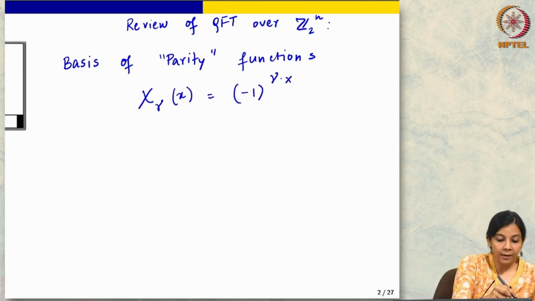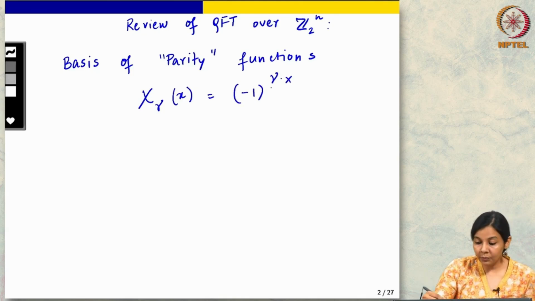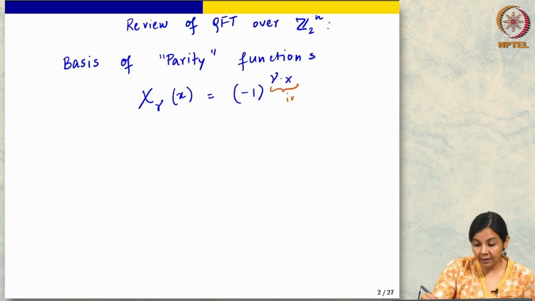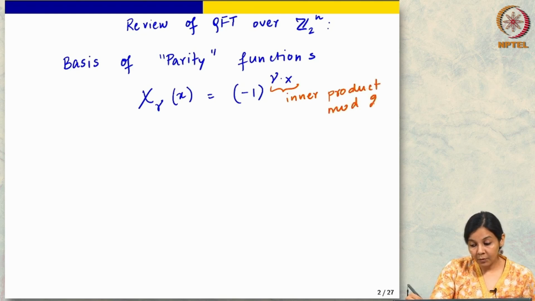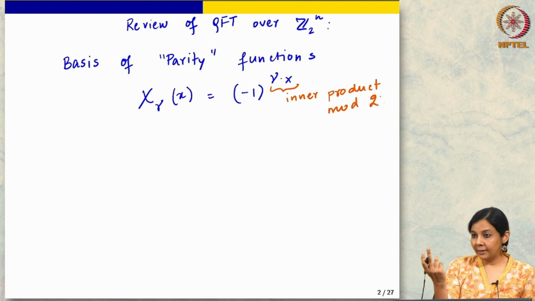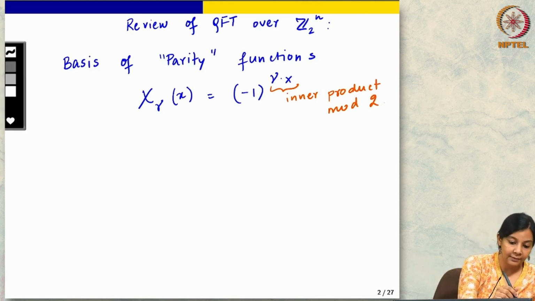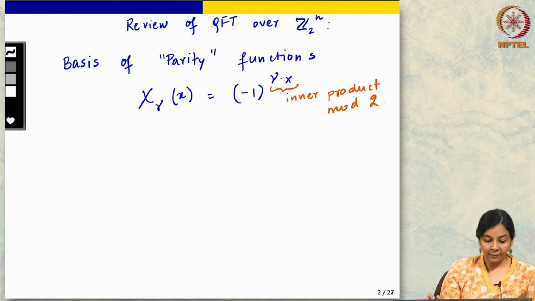Now here, if you remember, this is the inner product mod 2. Okay, so we are looking at binary vectors of length small n, and we are defining these basis functions in this way.